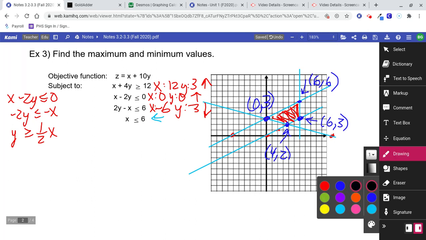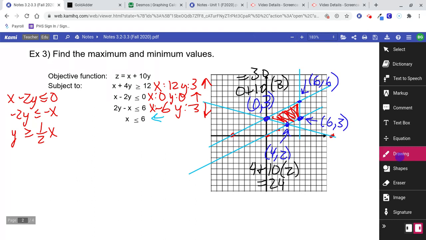So plug in the points. We've got x plus 10y. So x plus 10 times y, that one's going to be 30. And x plus 10y is going to be 24. And x plus 10y is going to be 36. And x plus 10y is going to be 66.